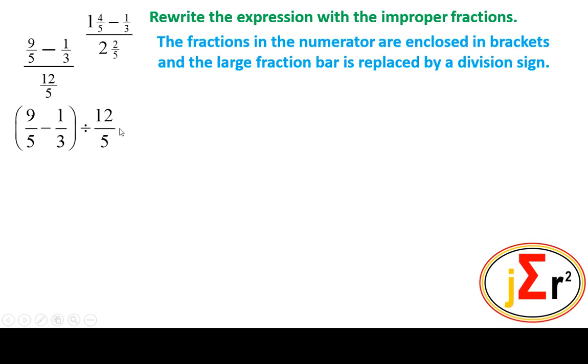That means it will take less space in solving the problem like this, rather than continuing with the numerator being large and we have another fraction below, so we put the other fraction beside. And in order for us to do that, we will have to make use of a large bracket to say that we are dividing all of what we had previously in the numerator by what we have right here.